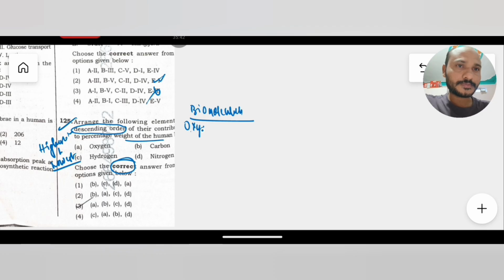And here the oxygen has the highest contribution in the human body. How much? 65.5% oxygen is there in the human body. After oxygen, it follows carbon. The carbon percentage in the human body is approximately 18.5%. Then it follows nitrogen, 3.3%.